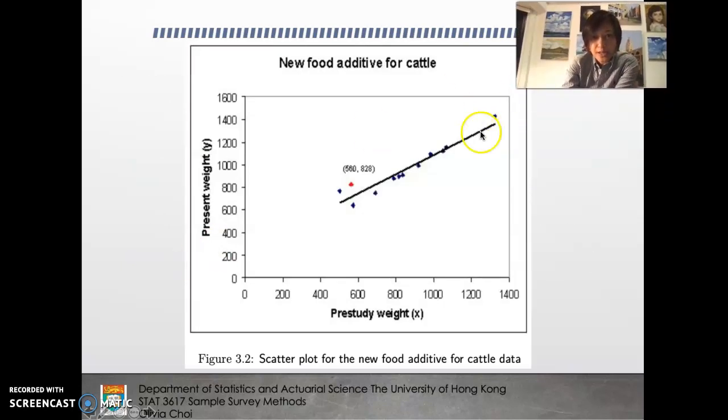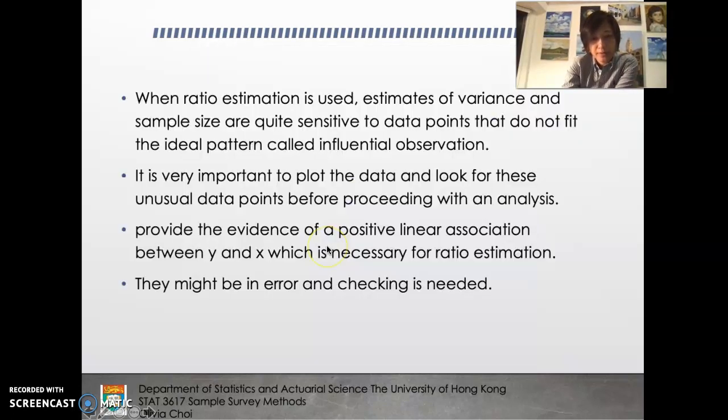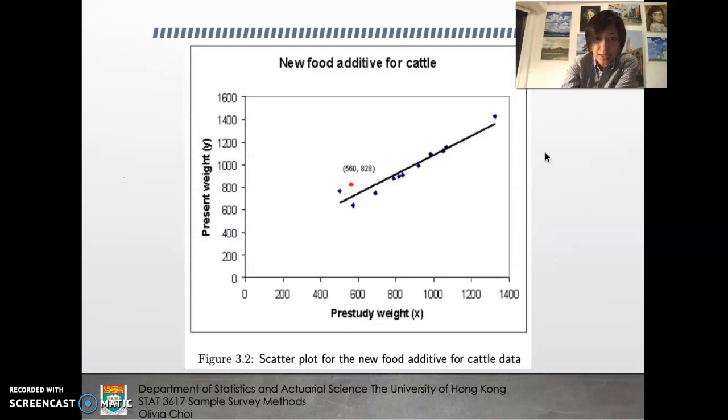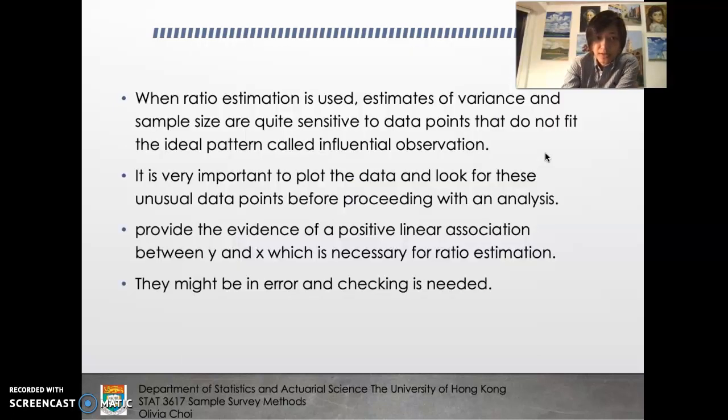Under ratio estimation, it is very important that we plot out the data of X and Y. When ratio estimation is used, the estimates of the variance and the sample size are quite sensitive to the data points. If they do not fit into a straight line, using a ratio estimation could be quite dangerous.